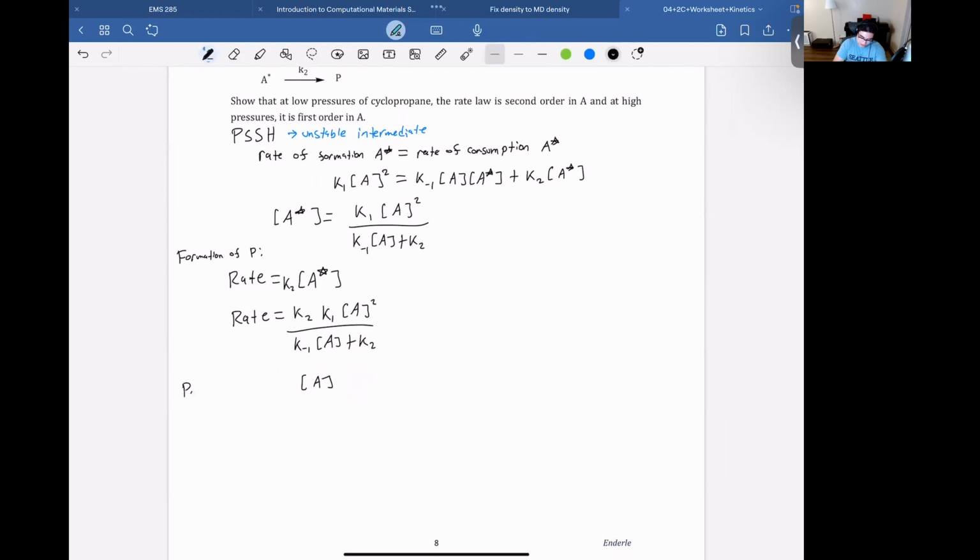The pressure in the system is dependent on the concentration of A, right? The higher the concentration of A is, the higher the pressure. The lower the concentration of A is, the lower the pressure. It's just dependent on moles of gas. Recall that from 2A.